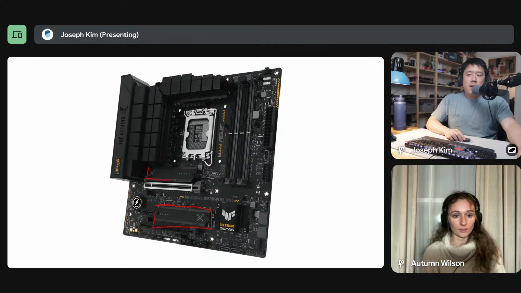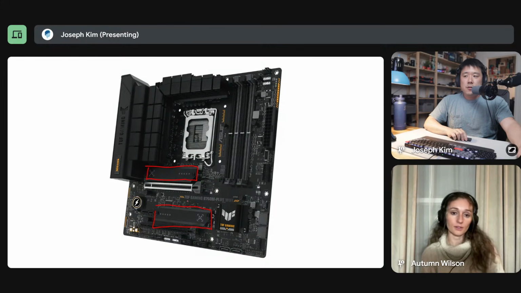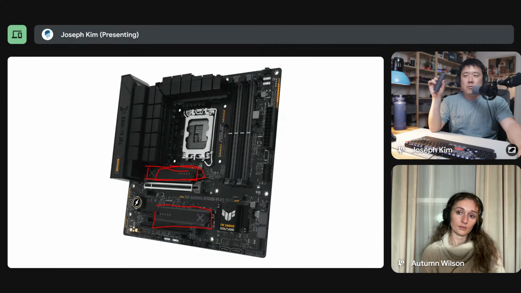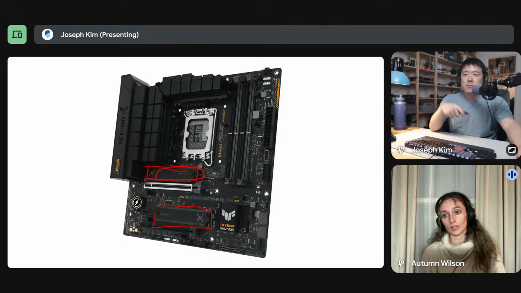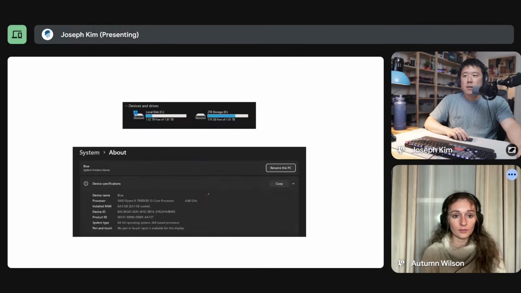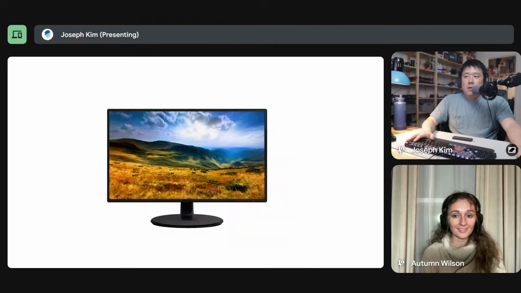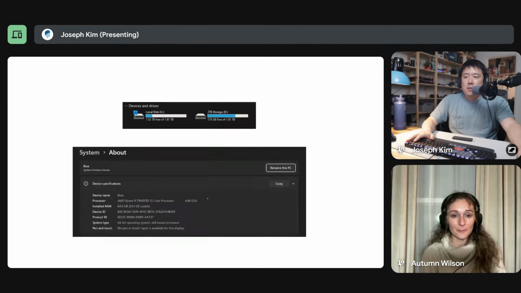Often these motherboards have multiple places for your main storage, and you just peel this off, put it in there, and then put this heat sink on. These things do get hot when they're used a lot, and that's why you need these metal heat sinks on them, but that's usually enough.